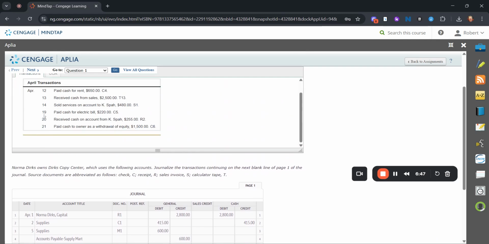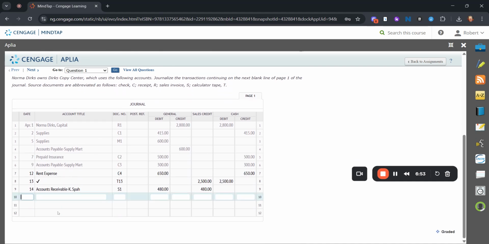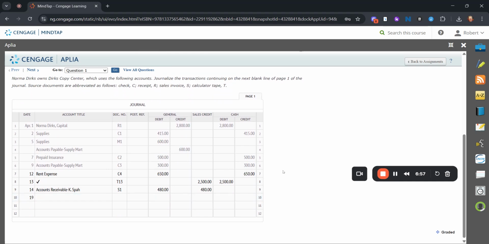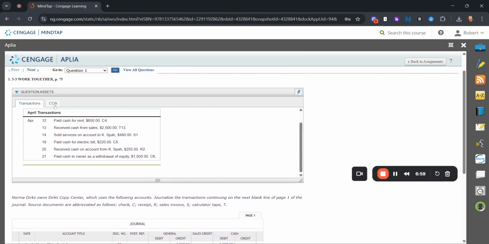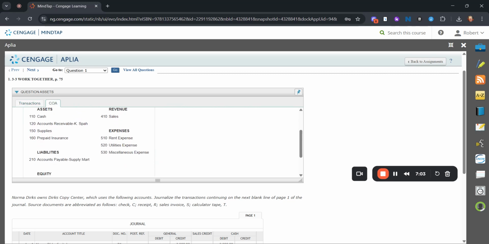Now we're to the 19th. Paid cash for electric bill, $220. So let's look at our chart of accounts. That's an expense. So the electric bill is going to fall under the category of utilities expense.